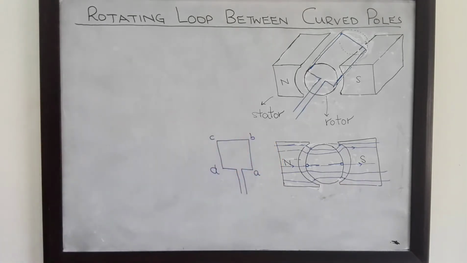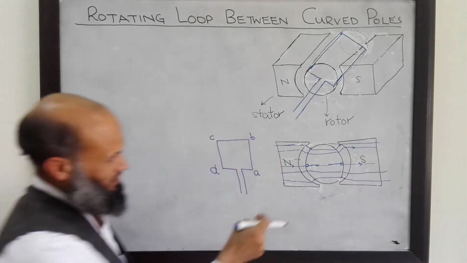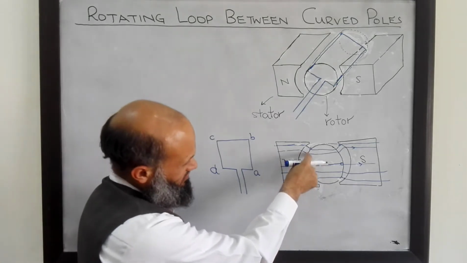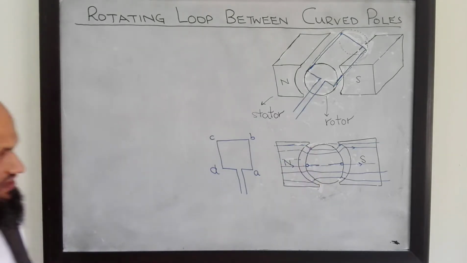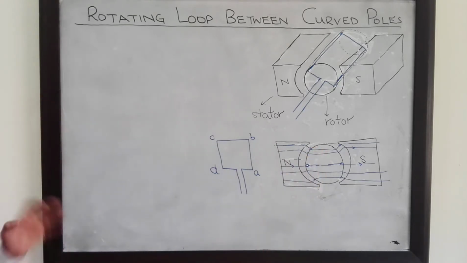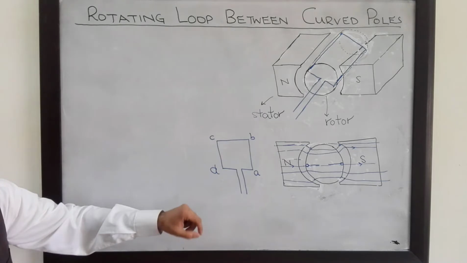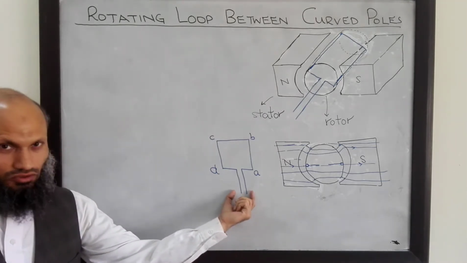So due to the curved pole faces, what we see is that these flux lines will always be perpendicular to the surface of the rotor. We would like to derive an expression of voltage induced in this coil.